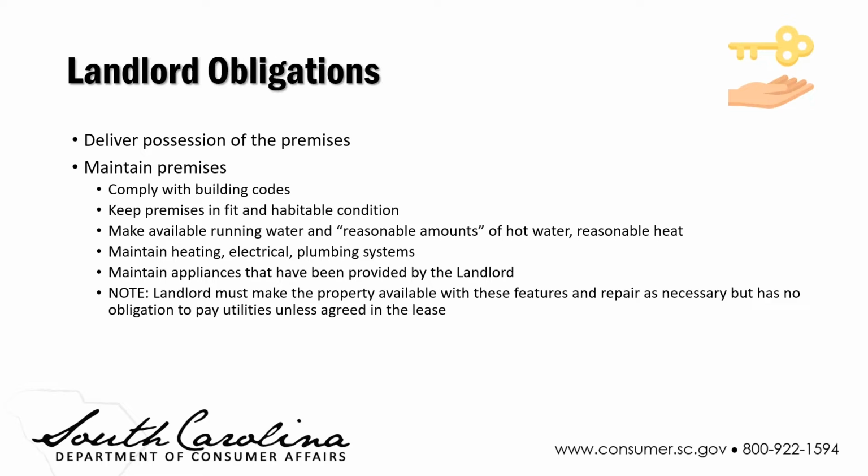That is to say, if you have a window unit air conditioning unit in the bedroom of your apartment, or if you have a refrigerator in the kitchen, if they break, then the landlord, having put them in and made them part of the bargain, has the requirement to either get them fixed or get a substitute air conditioner or refrigerator. Note, however, the landlord must make the property available with these features and repair as necessary, but has no obligation, once again, to pay utilities unless it's separately agreed to.